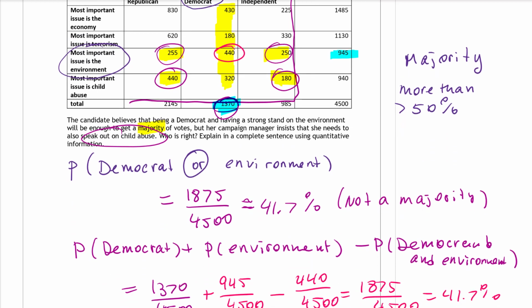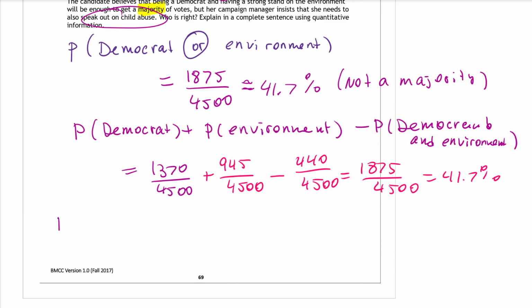So that's going to add on to the tally. So that will give us what? We get the percentage that is a Democrat, or environment, or those for whom child abuse is the most important issue.